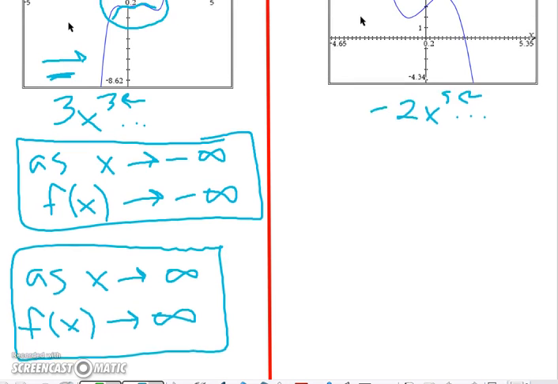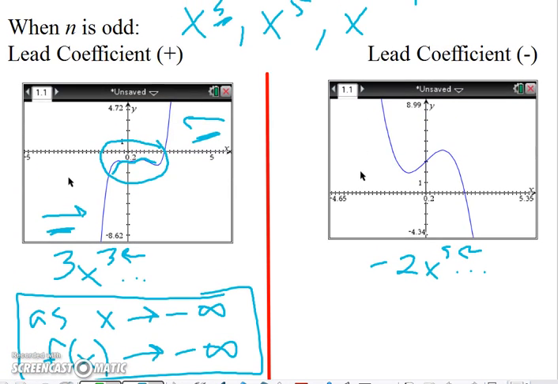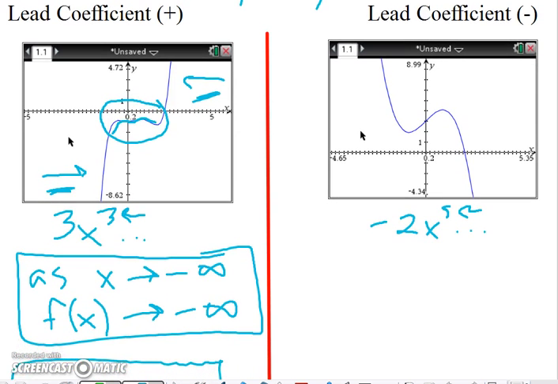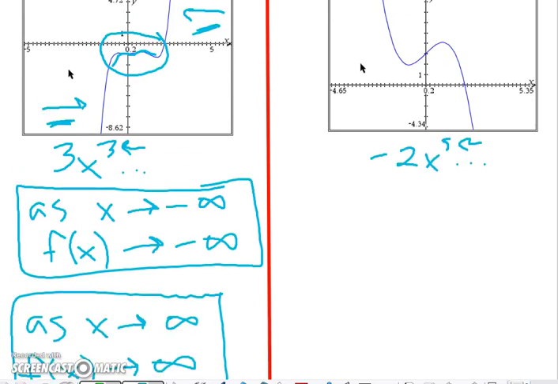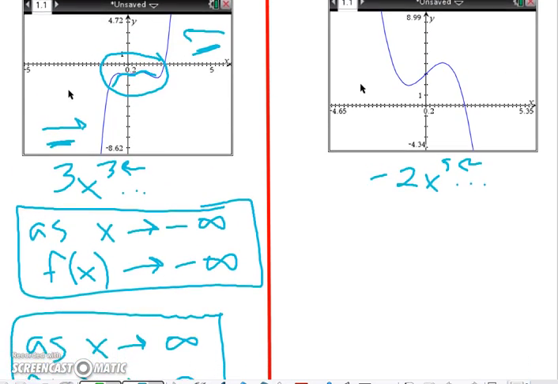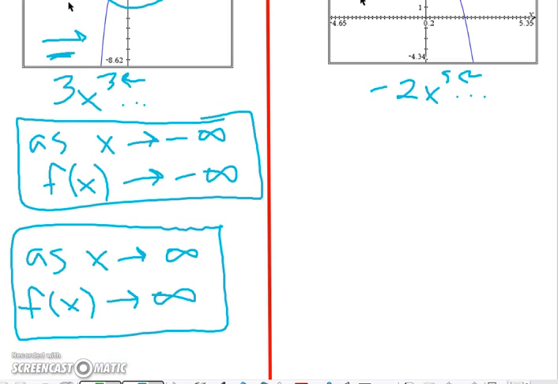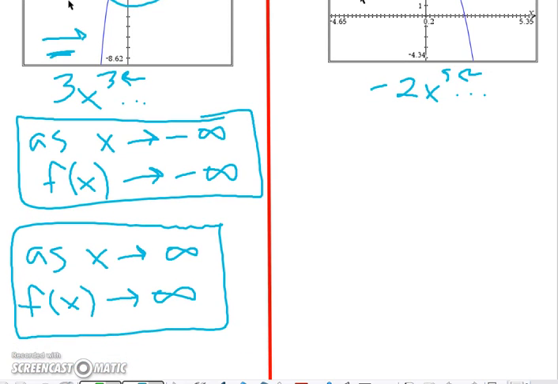So anytime I have an odd power as my lead coefficient, so x cubed, x to the fifth, x to the seventh, and so on, and also that lead coefficient for the highest power is positive, we're going to have this end behavior, where if we're at negative infinity for x, f of x is at negative infinity. And if we're at positive infinity for x, f of x is at positive infinity.